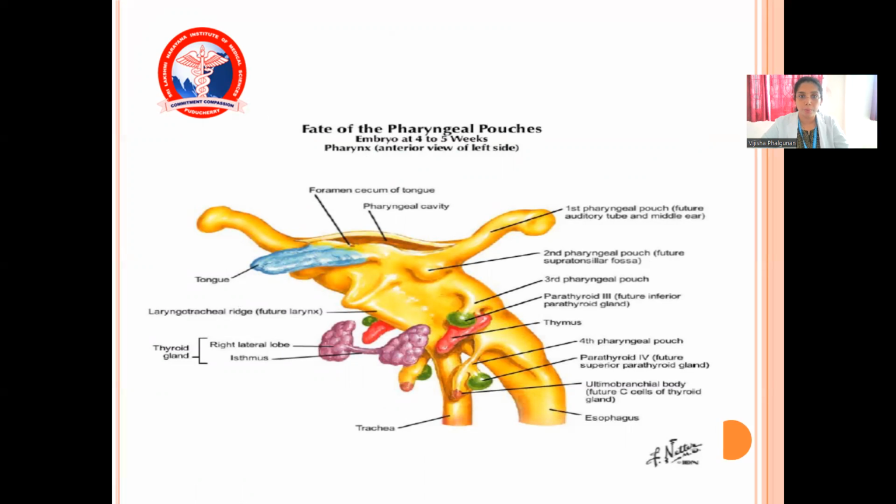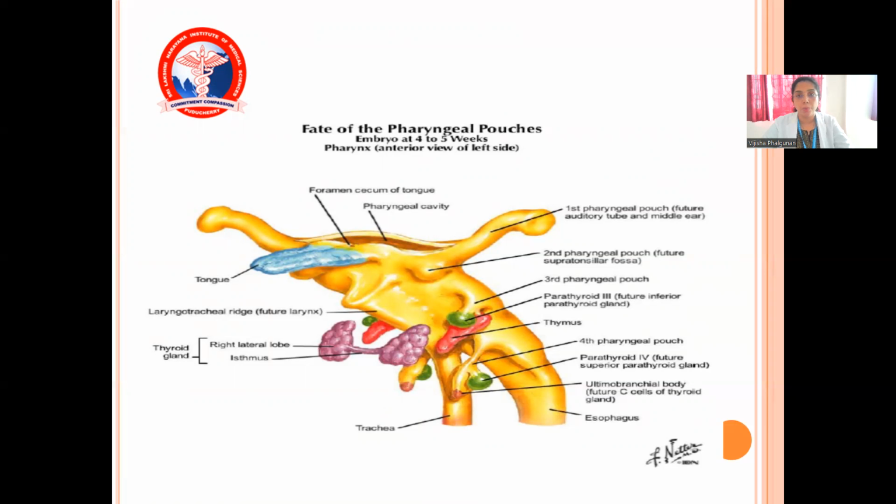So it is very, very important for all of you to learn and know and understand and analyze the pharyngeal arches. So in continuation with this, we will have several lectures, and do read about the pharyngeal arches, okay, which will give you the development of so many important structures in a nutshell.